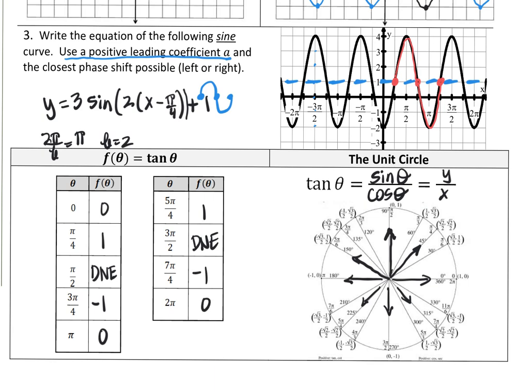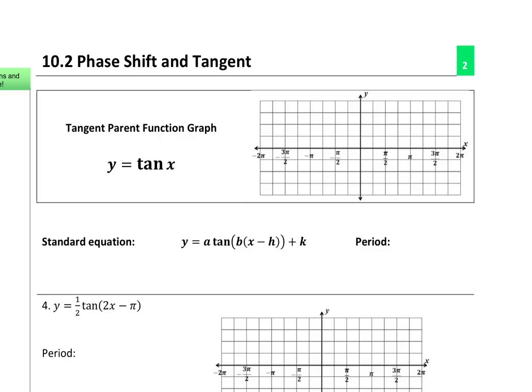So let's look what that looks like if we actually graph it. I'm taking the points from that other page, and noticing where it says DNE, that's where the thing does not exist. So that would be at pi over 2. So I'm going to draw an asymptote here, just a dotted line because that's what it should be. Again, at 3 pi over 2, we saw it does not exist.